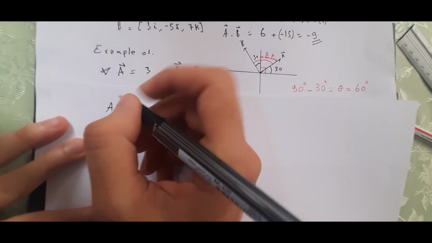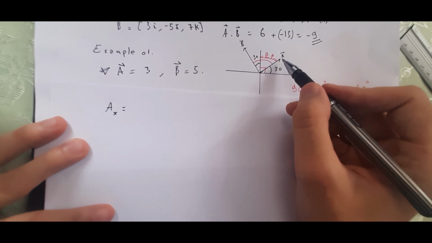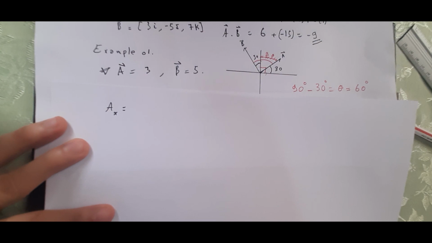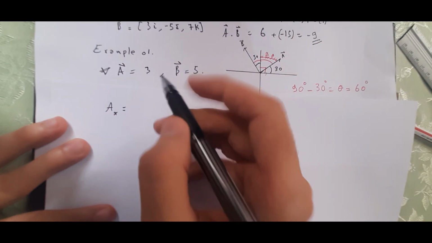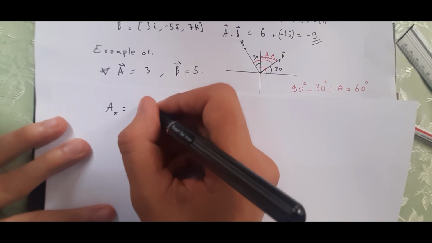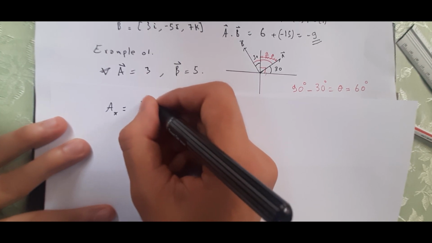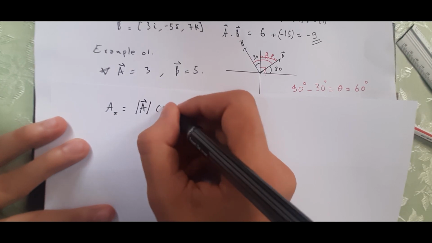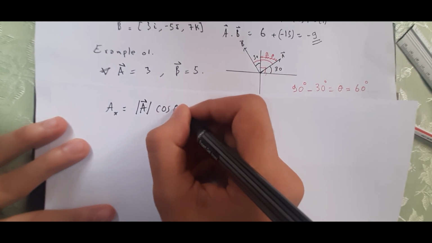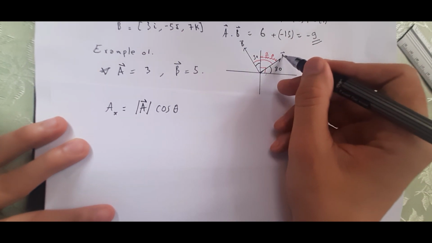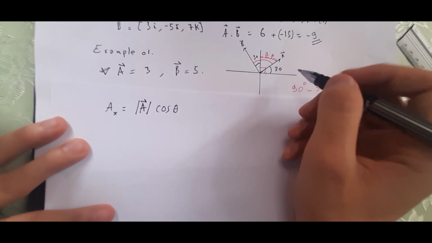AX is the component of the vector A in the x-axis. So we have the magnitude of A multiplied by the cosine of the angle between the vector A and the x-axis.